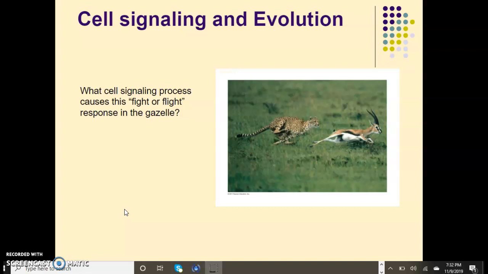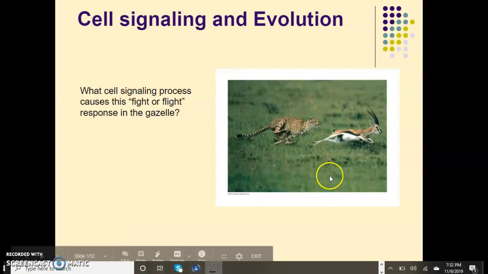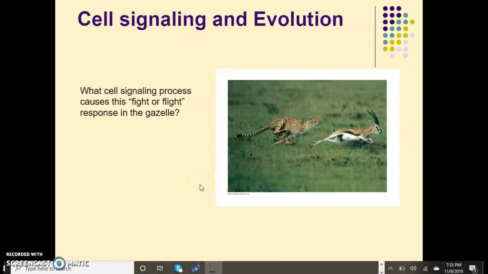So the chapter starts off with a video of a gazelle that's being chased by a cheetah, and then you have a big idea question that says, what cell signaling process causes this fight or flight response in the gazelle?